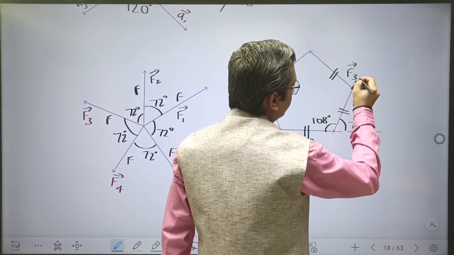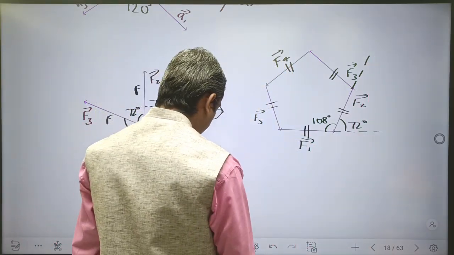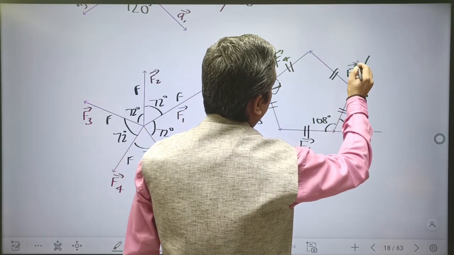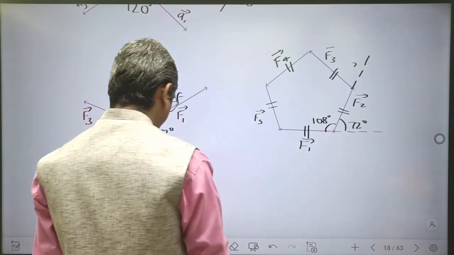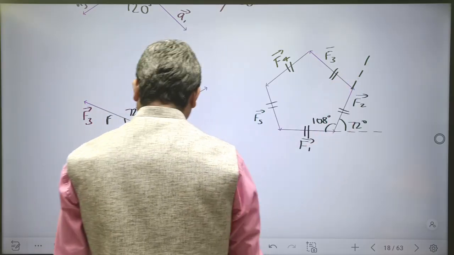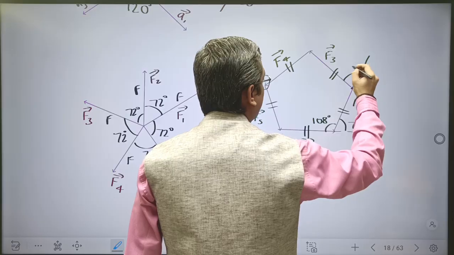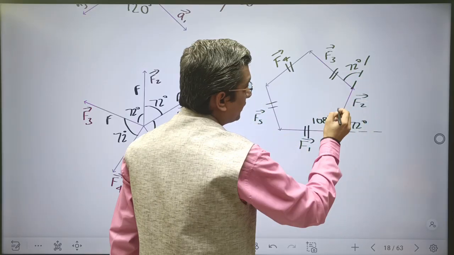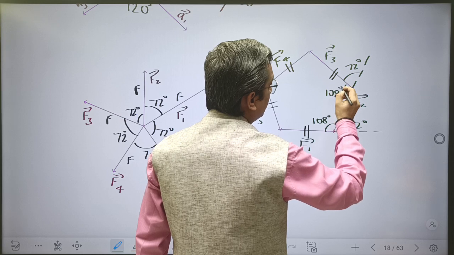Now if I extend this direction in this way, this angle is again given by the angle between the two vectors, 72 degrees. Again, this complete angle is 180 degrees, so this will be 108 degrees.